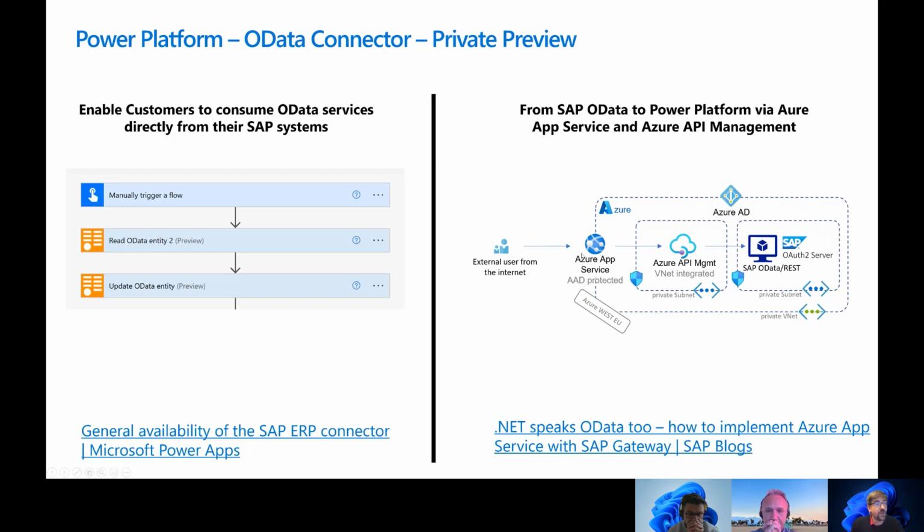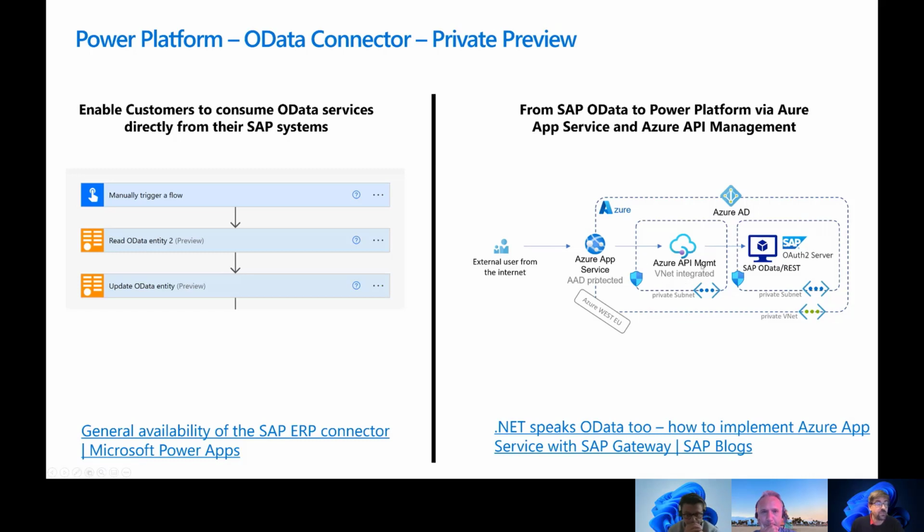There's a way to import OData services into API Management, and from API Management there's also a nice scenario of how you can publish or create a custom connector, so that it can be consumed on the Power Platform. So this is definitely a valid alternative, I would say.